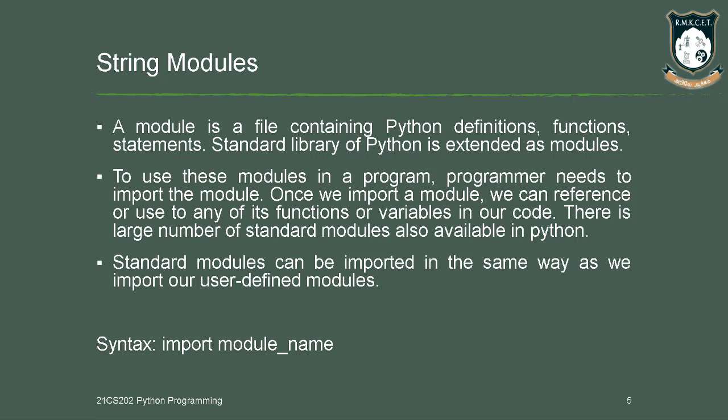Once we import that module, we are indirectly referring to that file, and the definitions and functions used in that module can be used in our program also. In the program where you are importing that file, you can use these details, or the functions which you have written in that file.